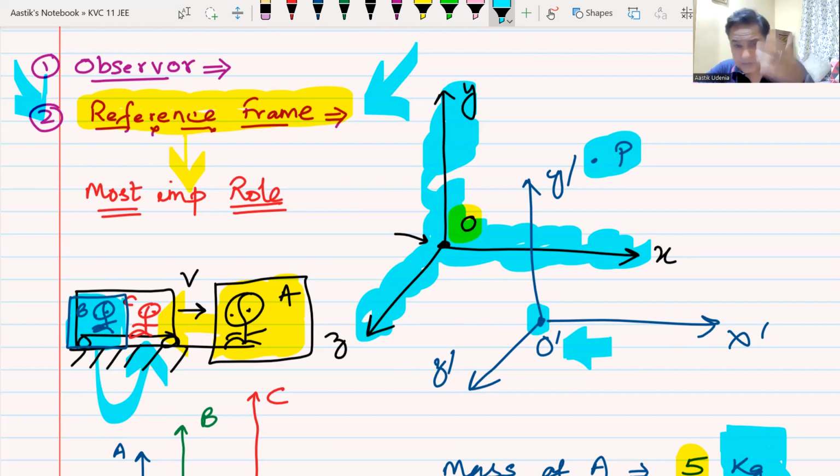Second, the observer must be sitting or standing or doing something somewhere. That somewhere becomes your reference frame. You must have an origin, you must have a reference frame, and that is two things. What is the next thing that you need to have, the next tool to study the motion of a body?